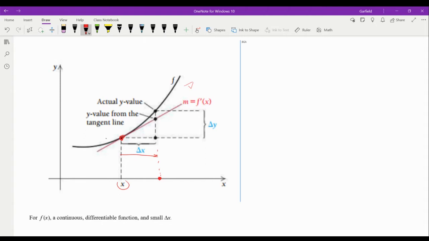So if we went over delta x amount to the right, so we went over this amount, this x value becomes x plus delta x. Just as if we went over 2, it would have been x plus 2 or 5 plus 2. Now similarly, let's say this value here is y.